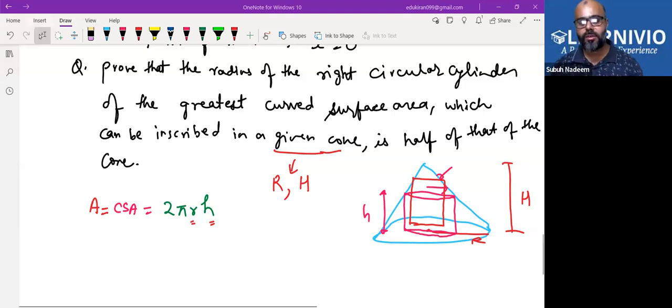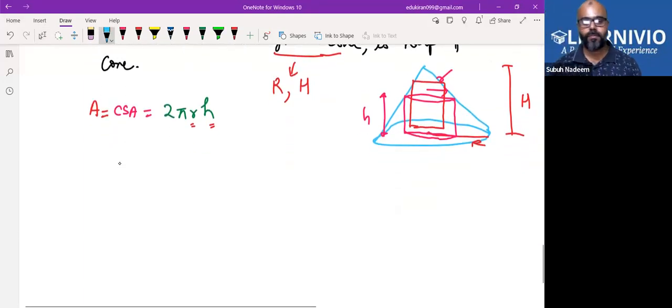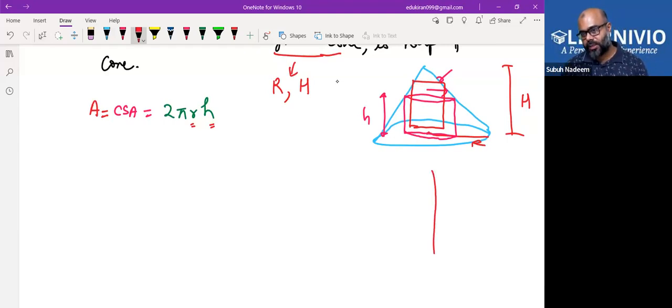Have you written this? Yes, sir. Okay. Now, if you see this figure, what is happening here? Let us take a vertical line passing from the vertex to the base.